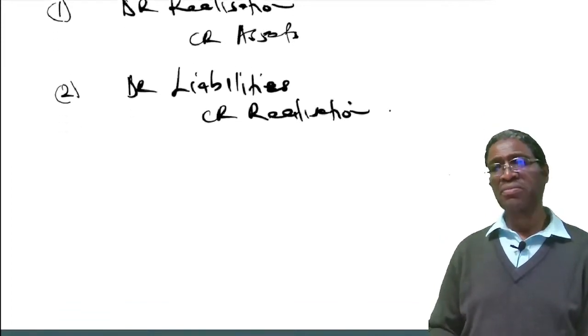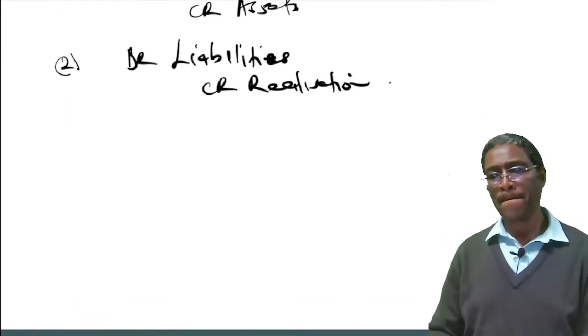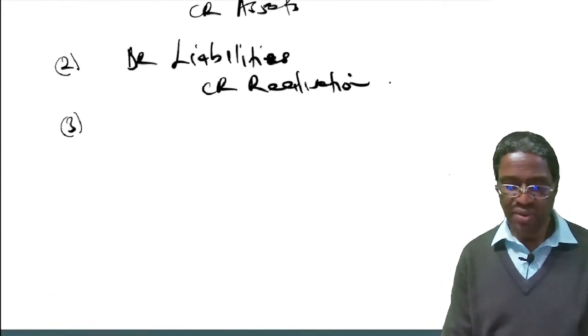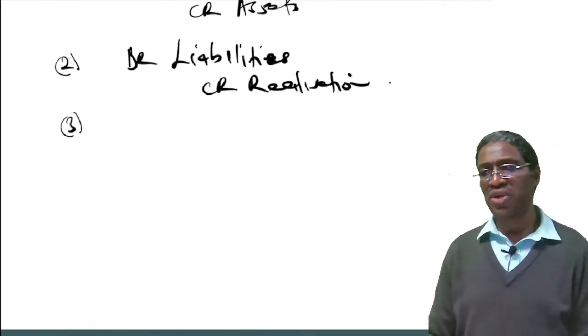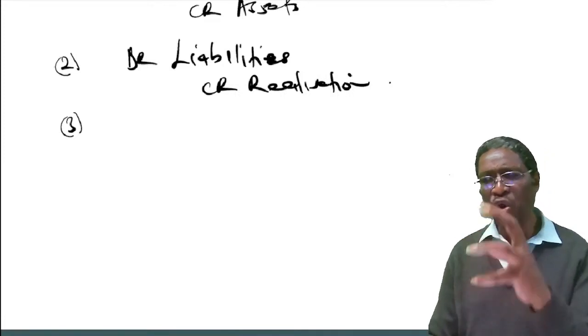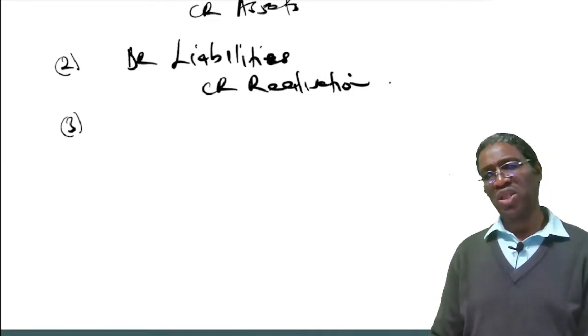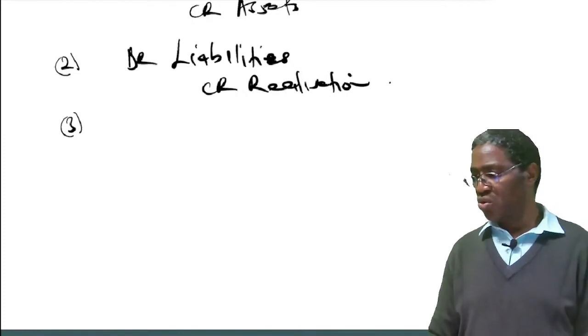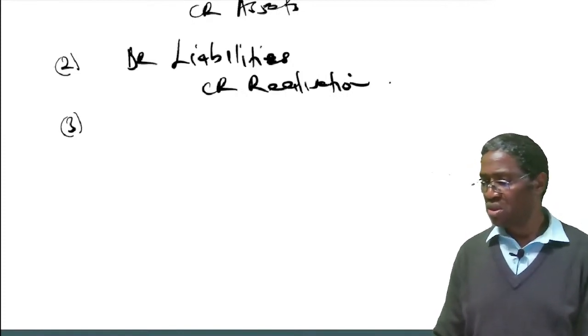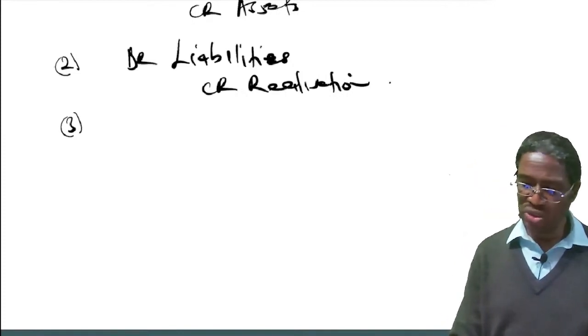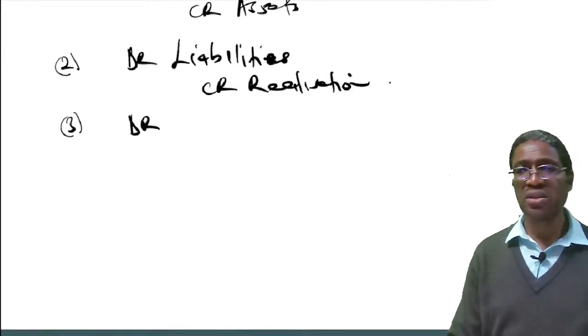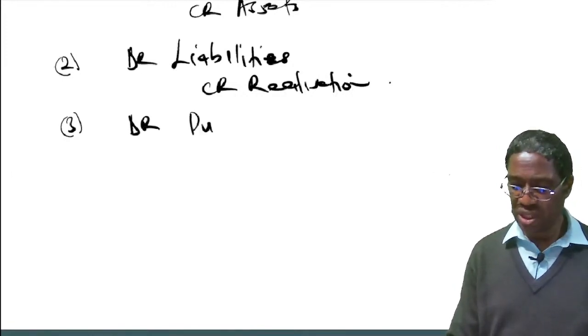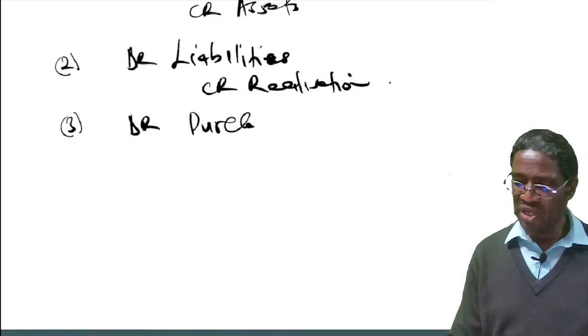Number 3. With the purchase consideration: debit purchasing company.